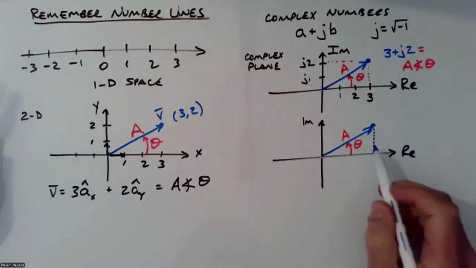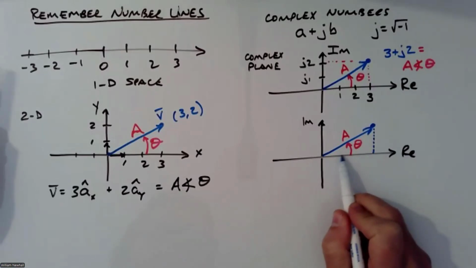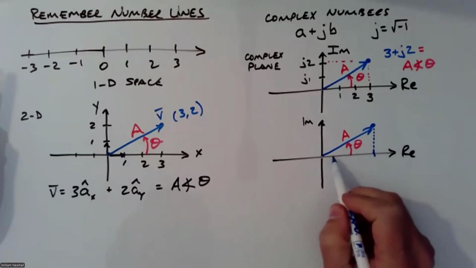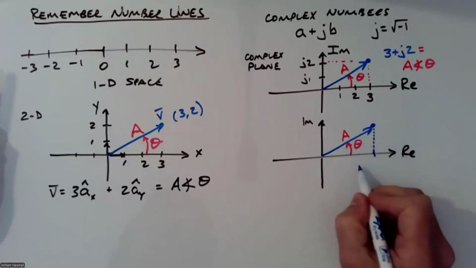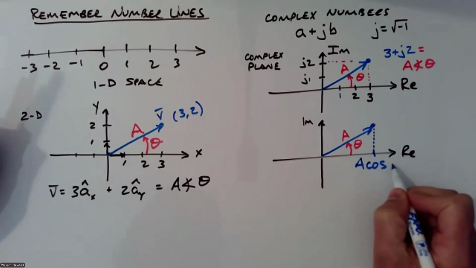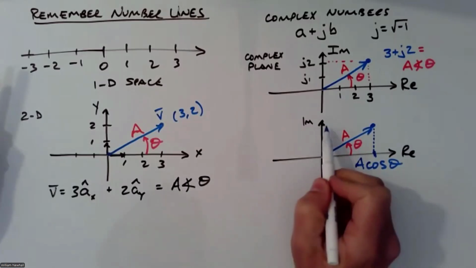Well, trig, right? If I want to know how far along this adjacent leg is this coordinate right here on the real axis, well, we know the angle, we know the hypotenuse, so this is a cos theta, right? That's what this number is here from that triangle, using a little trig.